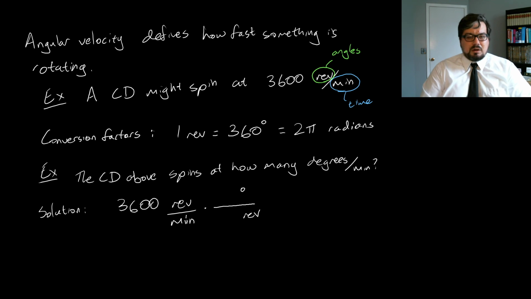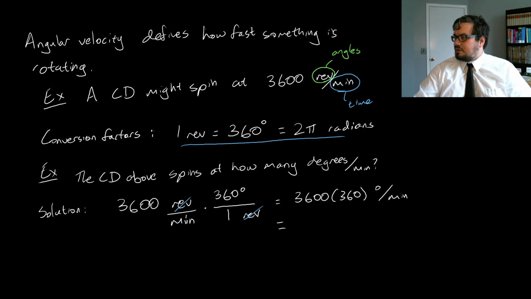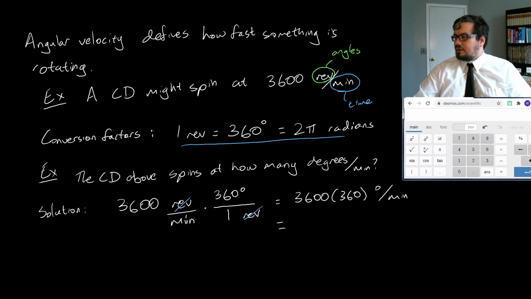So we'll go back up to our conversion factors, and we'll see that 1 revolution is equal to 360 degrees. So when we multiply these two together, we'll get that 3,600 revolutions per minute is equal to 3,600 times 360 degrees per minute, which we can work out. So let's pull out a calculator.